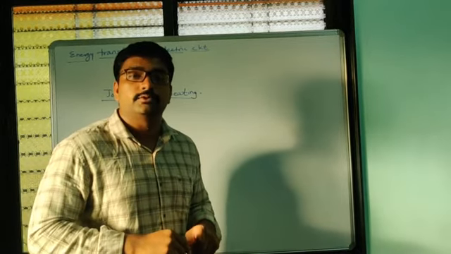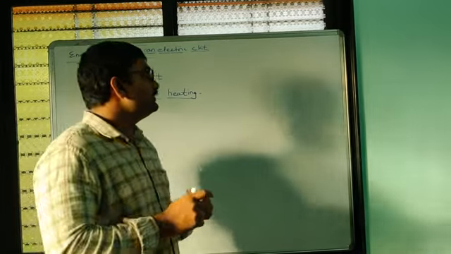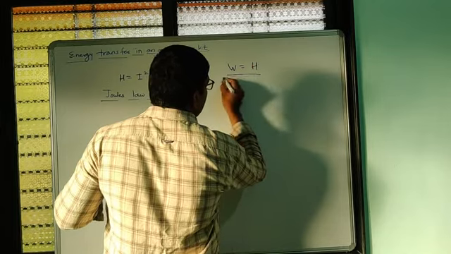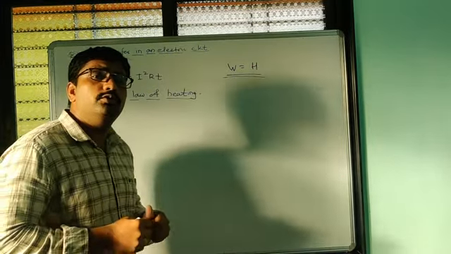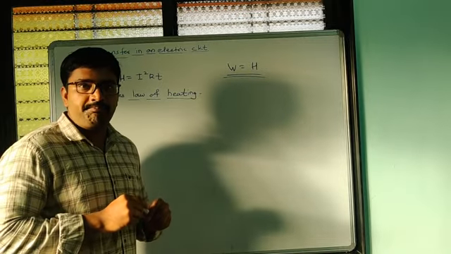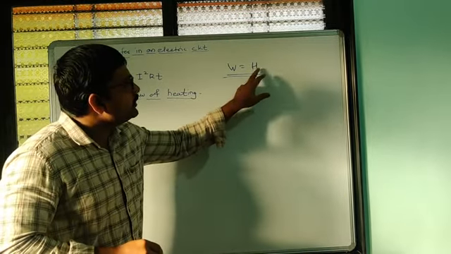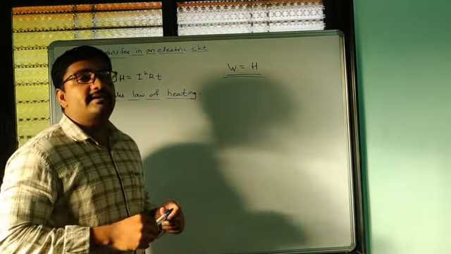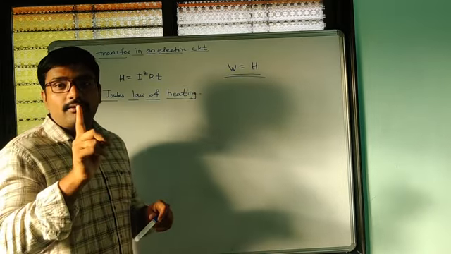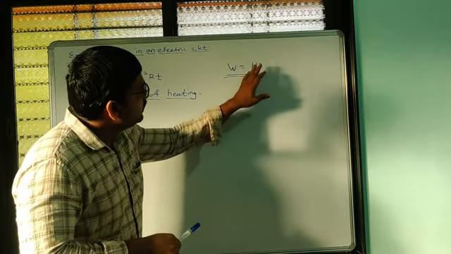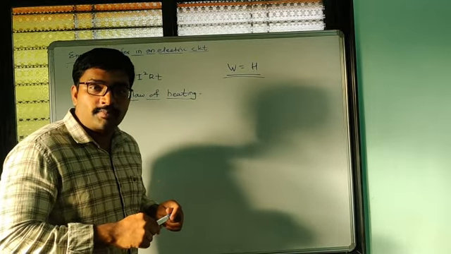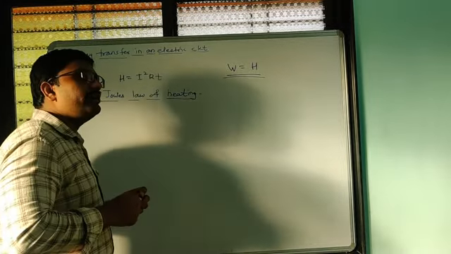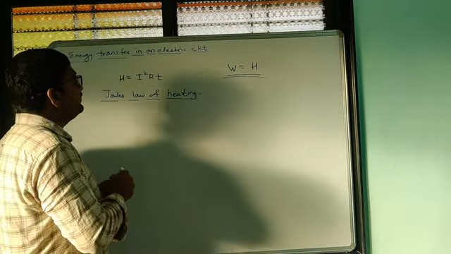That's the actual question. In the last lecture we saw one step in the equation, that W is nothing but H. Whatever extra work we have to do to pass charges through the resistor, that total work done is converted into heat. That heat is equal to I square RT, where I is the current.